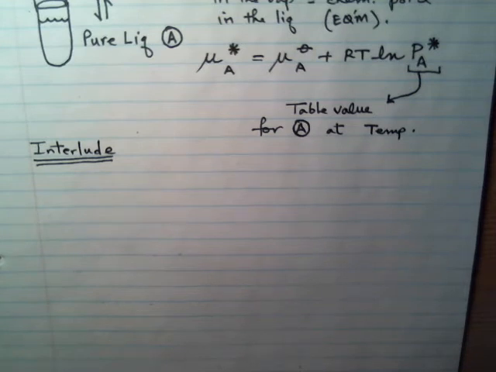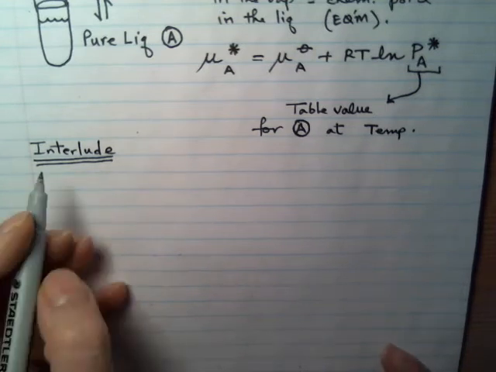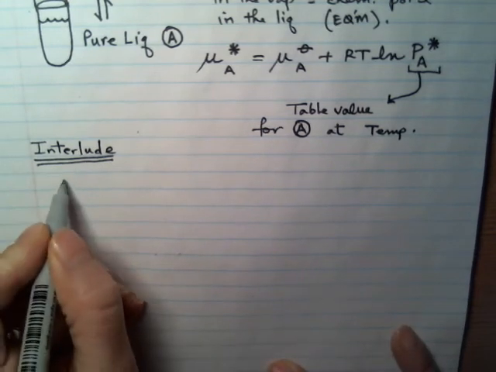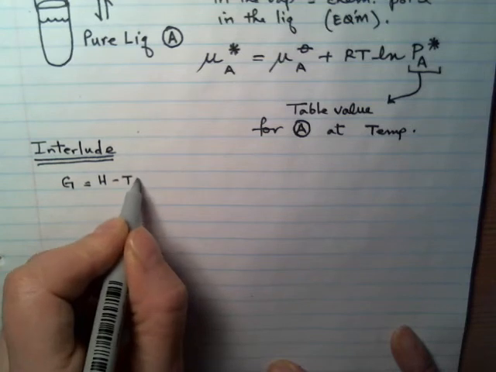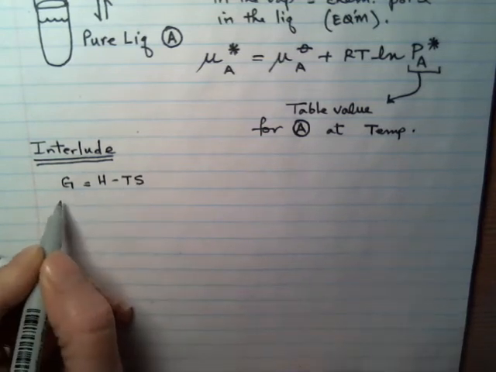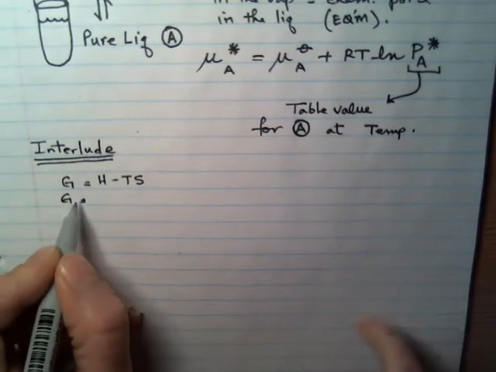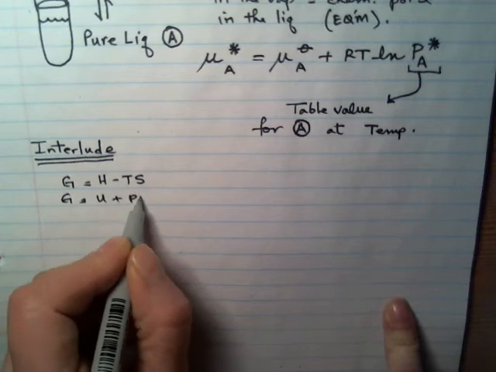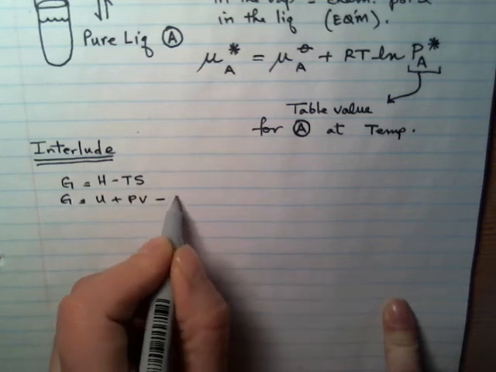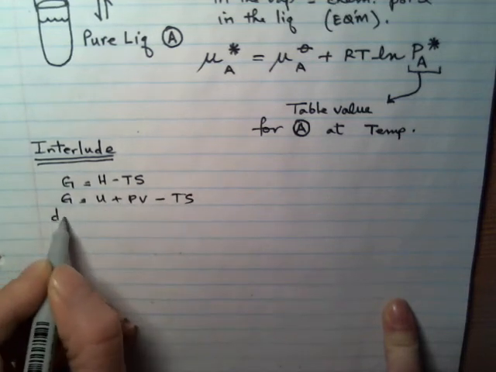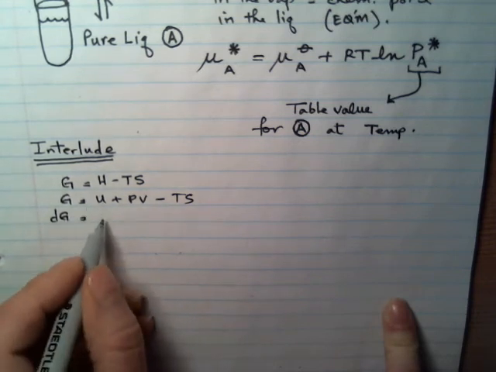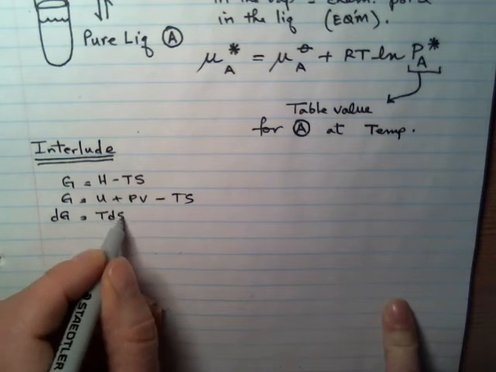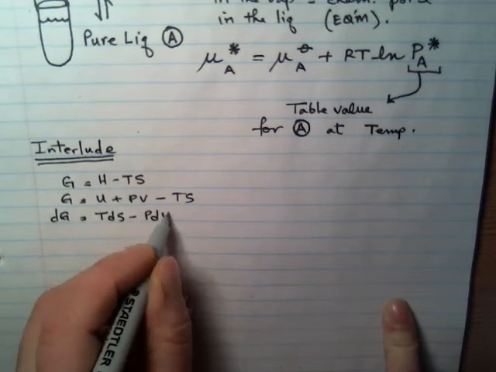So, yeah. Let's start as we did. G is equal to H minus TS. And H is U plus PV. And so I have U plus PV minus TS. Therefore, dG is equal to dU, and I know that dU is TdS minus PdV.